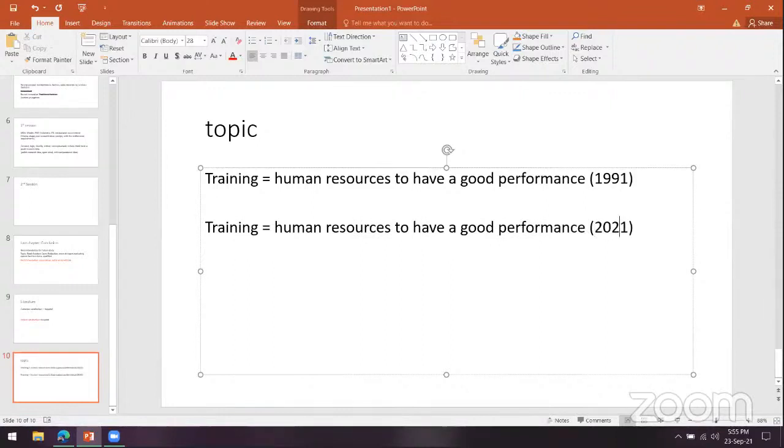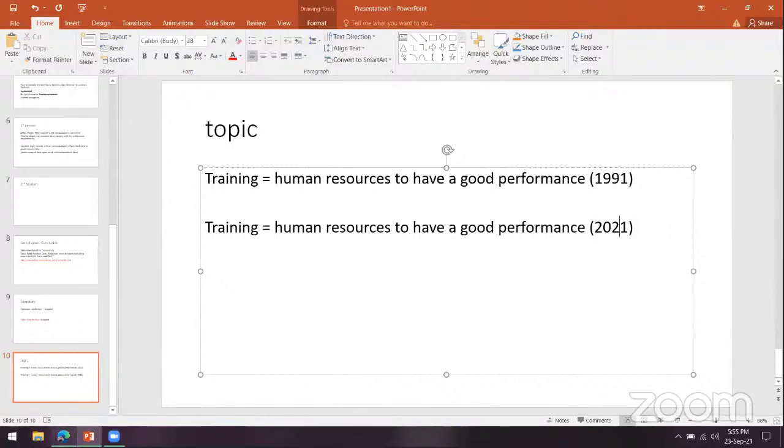Then you find out that you have not given a fresh insight, something new, something that we thirst to know about, something that we really want to know about how to make human resources have better performance. If you keep telling me training, training, training, well, we know it. It would not need any kind of research in the first place.